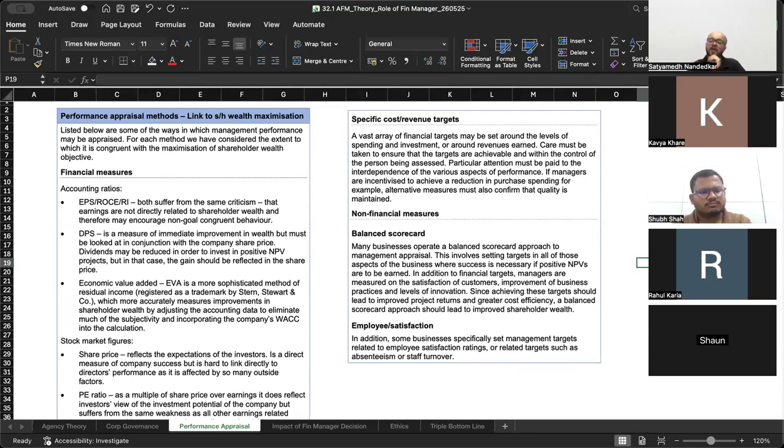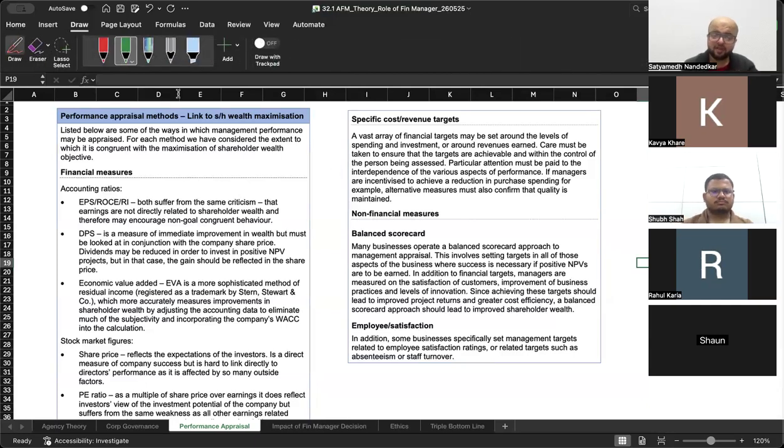And then you could have non-financial performance indicators like employee satisfaction, customer satisfaction, and there is one approach known as the balanced scorecard approach. The balanced scorecard approach says that we will not only look at financial indicators, but we look at satisfaction of customers, improvement of business processes, and levels of innovation, all of these together when we are evaluating the success of the company. So you will look at financial targets, customer satisfaction, improvement of business practices, and levels of innovation. Okay. So there are four components.